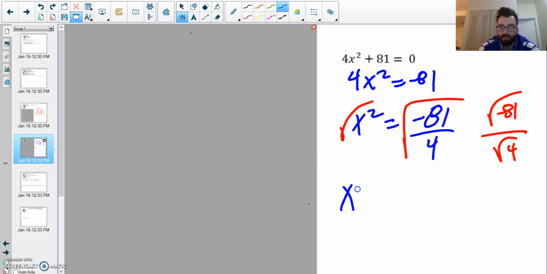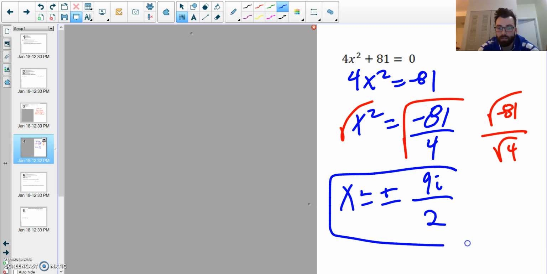So I'm really taking the square root of the top and the bottom separately. Well, the square root of 4 is 2. The square root of 81 is 9, but I have that negative, so it's 9i. So my answer should be plus or minus 9i over 2.